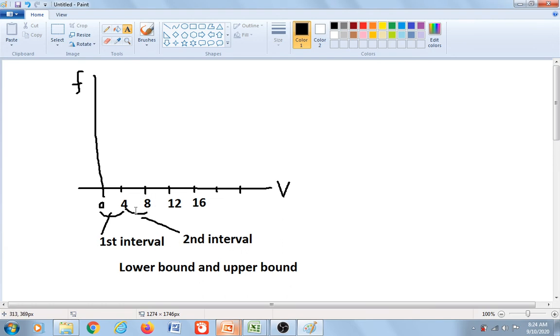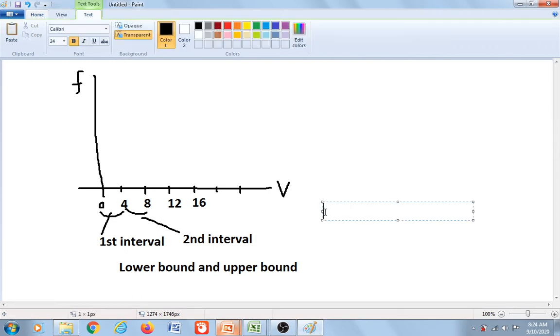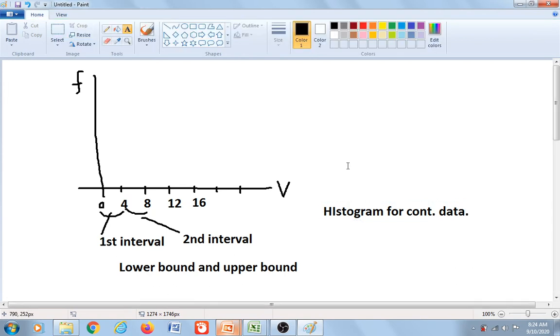The upper bound of the second interval is the lower bound of the third interval. It is like this because we're going to develop the histogram for continuous data. That is why you have continuous intervals, where the upper bound of the first interval is the lower bound of the second interval.